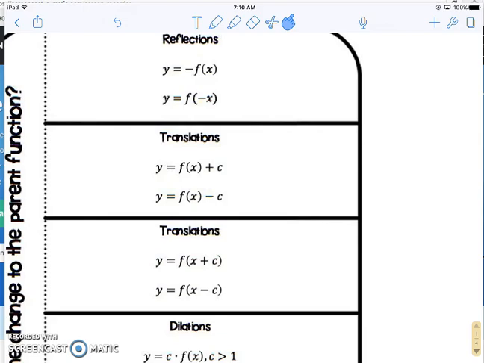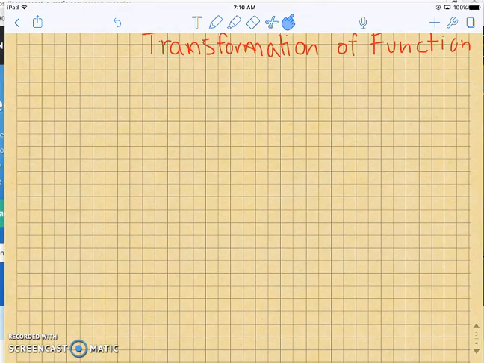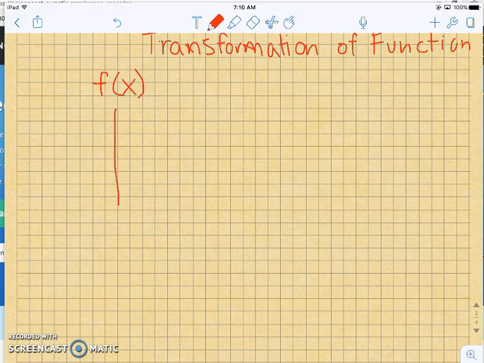But at the top of the page, before you paste that in there, what I want you to write is f of x. And then underneath that, I want this to line up on these axes. That's a little bit better. We are going to draw an f of x graph.